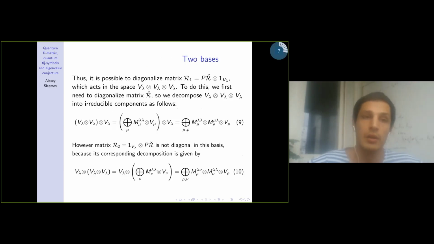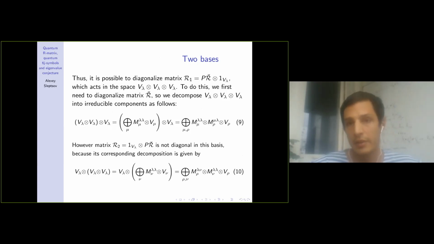Okay, therefore it is possible to diagonalize the matrix R1, which acts in the tensor cube of V lambda. To do this, we first need to diagonalize the universal R matrix, which acts in the tensor product of the first component and the second component.